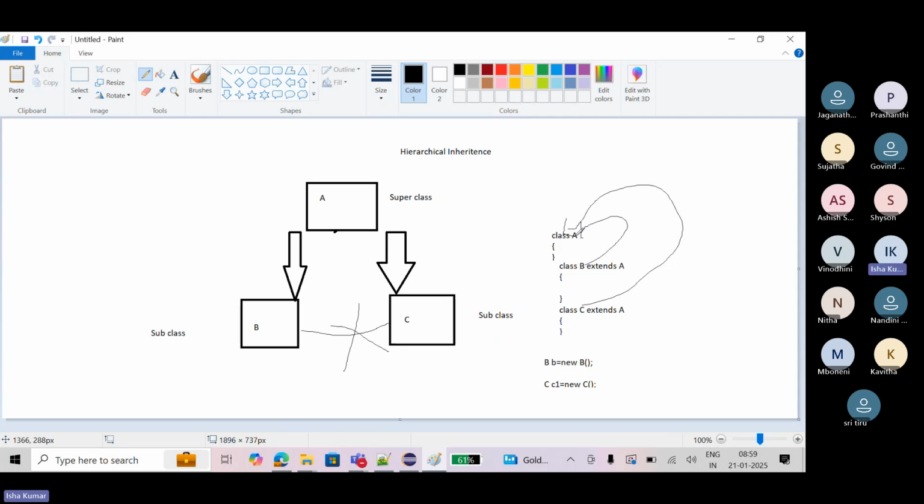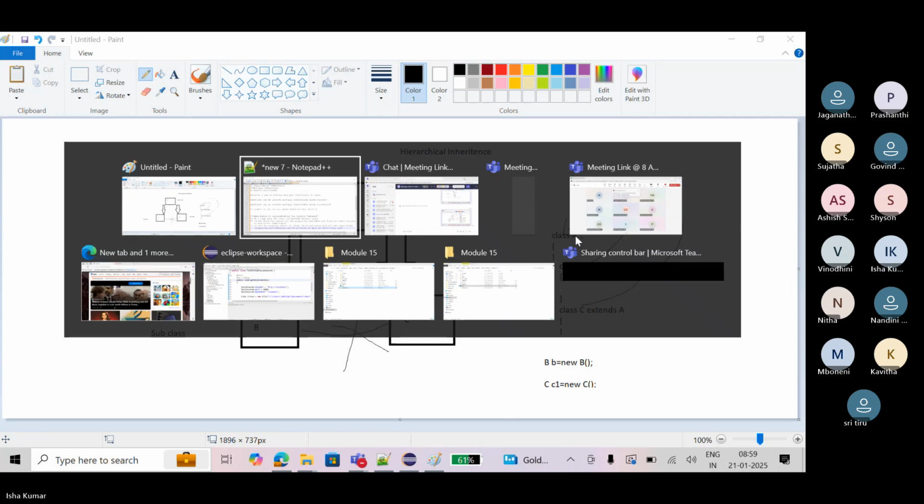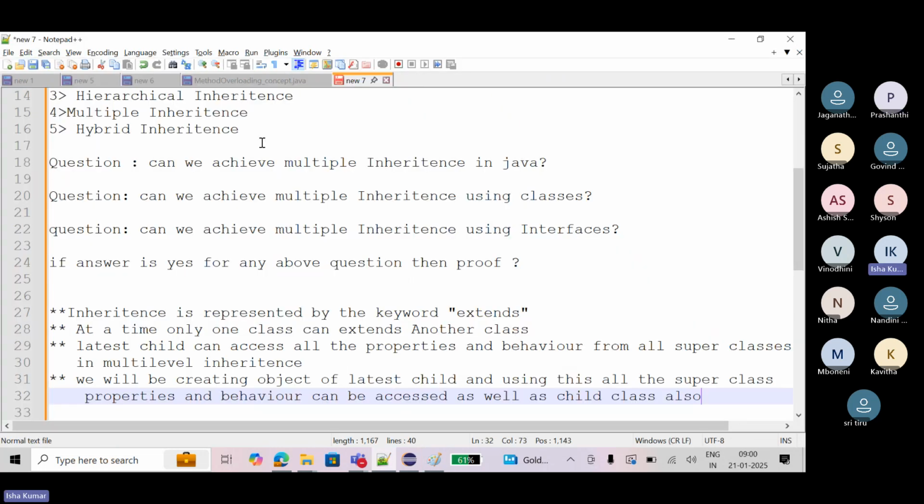Guys, ask me if you have a question. No, sir, it's clear. So hierarchical inheritance means there will be only one direct superclass, but multiple direct subclasses. Come here, write it here.